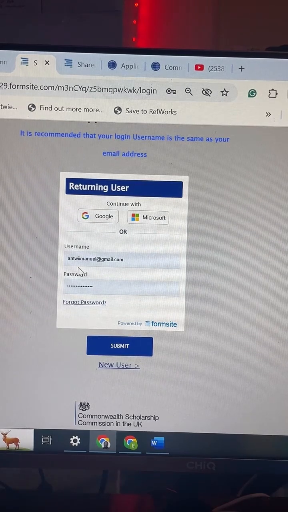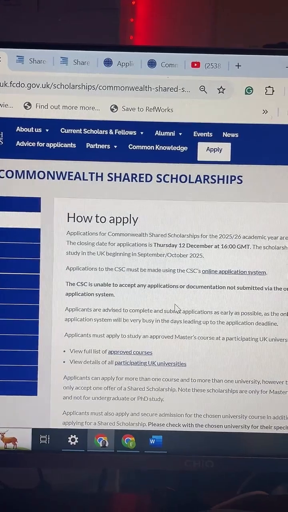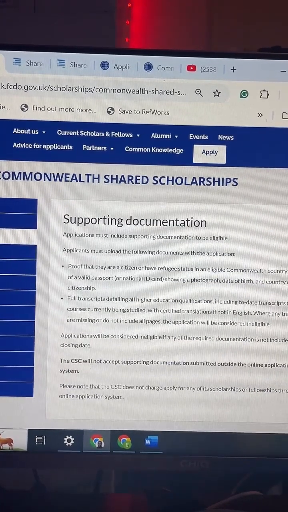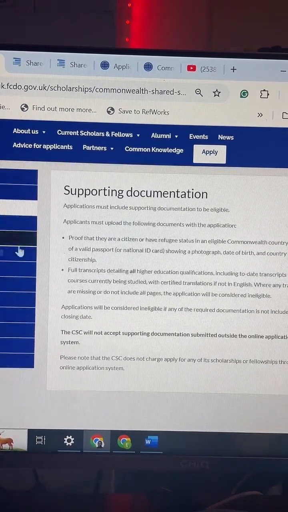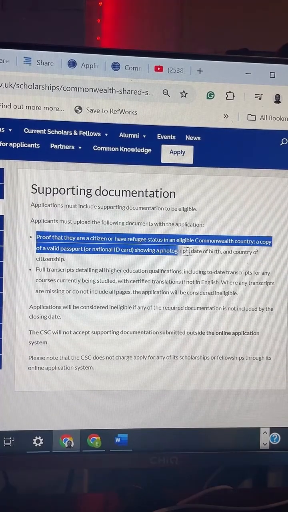You select your country of residence, and then you click on next, and then it will ask you to create an account. But because I've already created an account, it is giving me my email and my password for me to just log in. So we'll come back to this application portal to discuss how to go about the application.